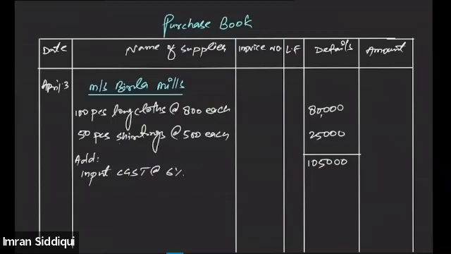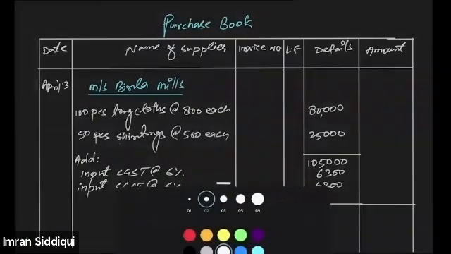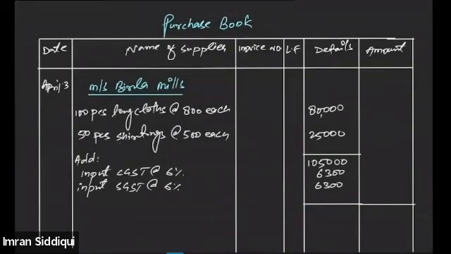So on 1,05,000, when you calculate 6%, you'll get 6,300. Messrs. Birla Mills have also charged SGST at the rate of 6%, which will also be 6,300 on 1,05,000. Now totaling this, we'll write down the final value in the amount column, which will be 1,17,600.